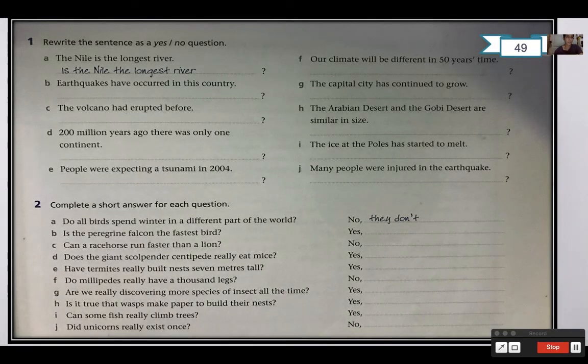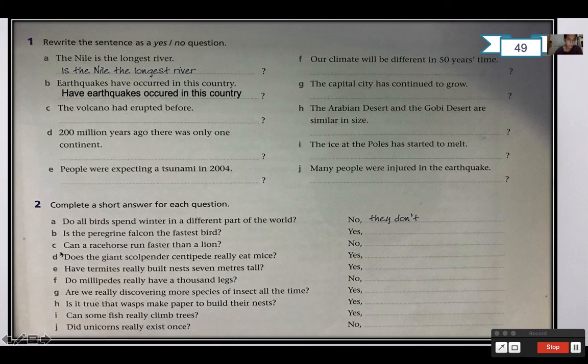So, the Nile is the longest river. Is the Nile the longest river? Letter B. Earthquakes have occurred in this country. How will the sentence be? Excellent. Have earthquakes occurred in this country?